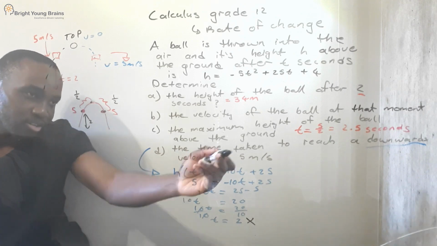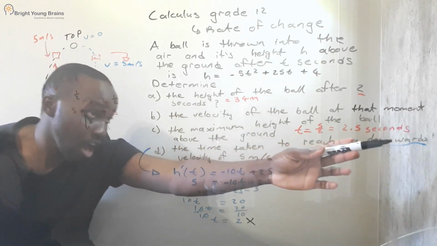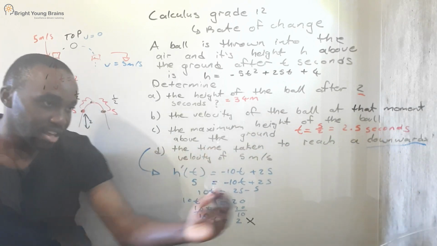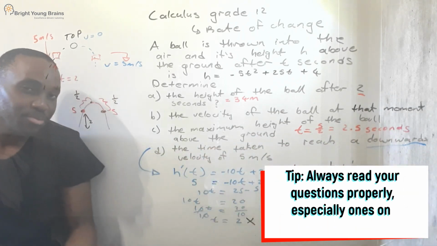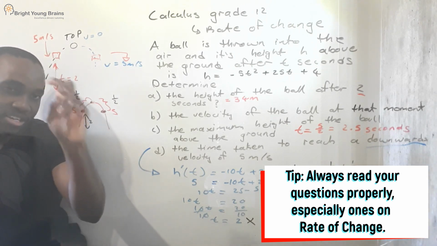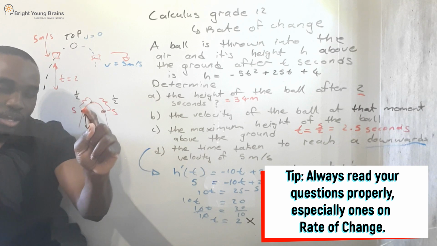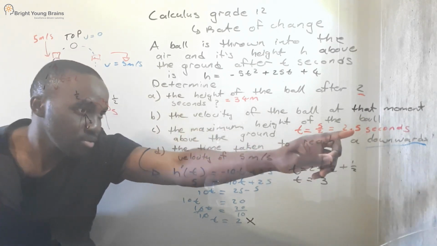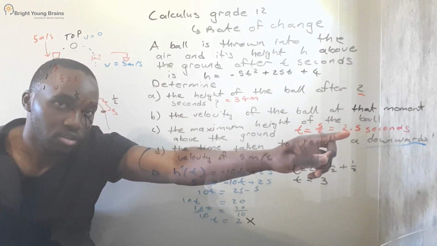So if we are going to get the time taken to reach the downwards velocity of 5 meters per second, the time taken there is going to be 3, because to reach the first 5 meters per second, it took 2 seconds. And then half a second later, it's at the top, because the time that it reached the top is 2.5.